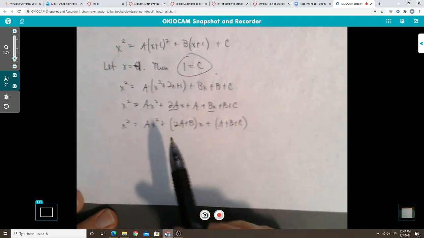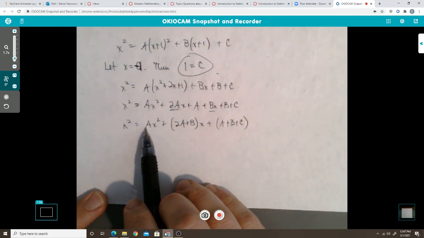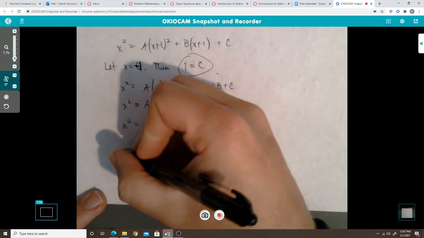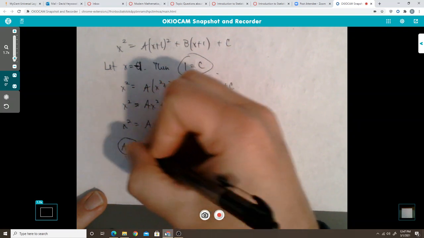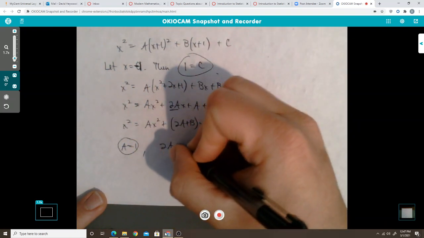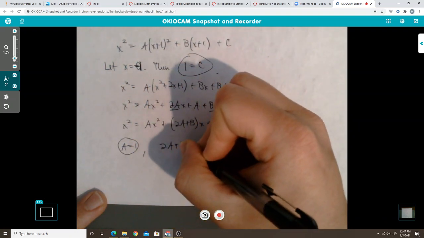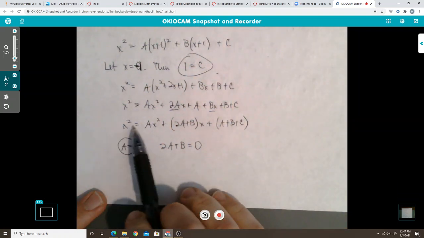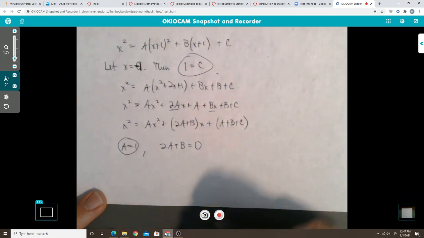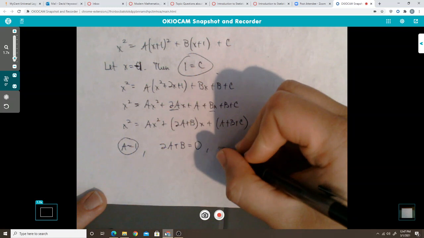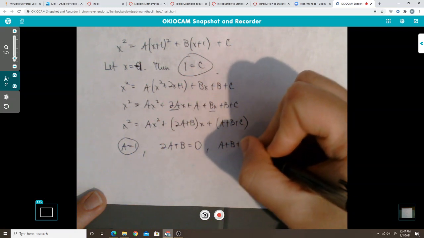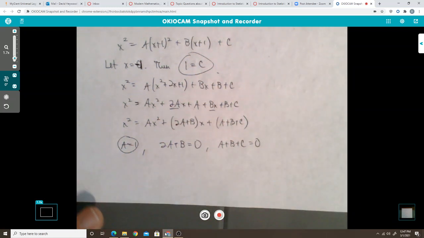So what this tells me is that if I equate coefficients, A has to equal 1. 2A plus B has to equal 0, because I have a 0x over here. And then A plus B plus C also has to equal 0, right?